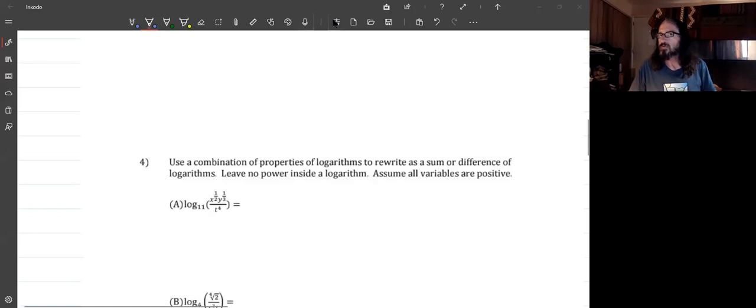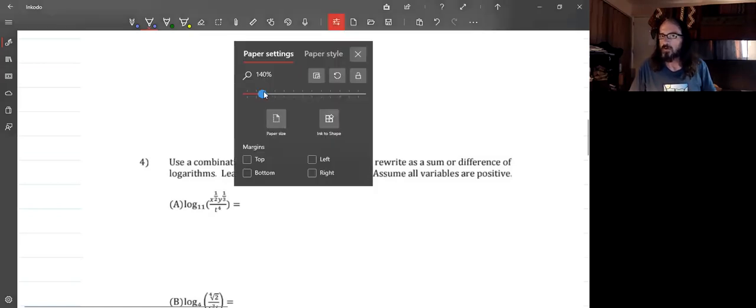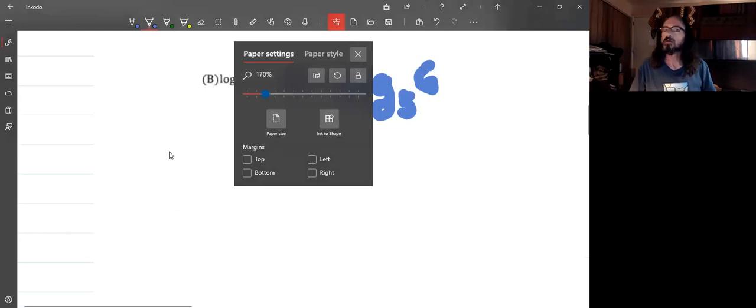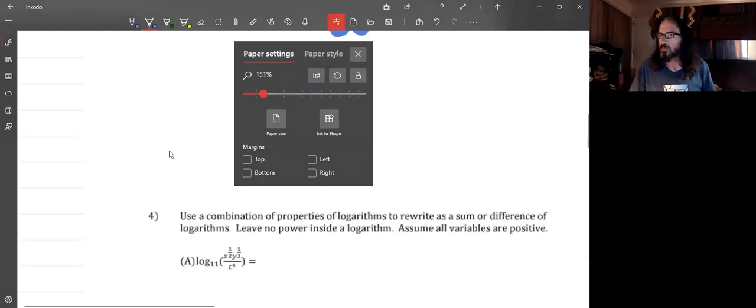Now we're supposed to split up something with variables in there. We're assuming that all the variables are positive. We're not supposed to leave any powers inside the logarithm.